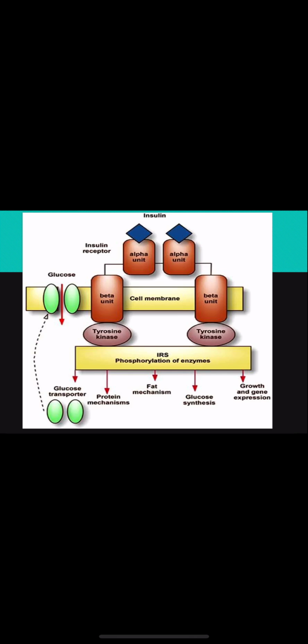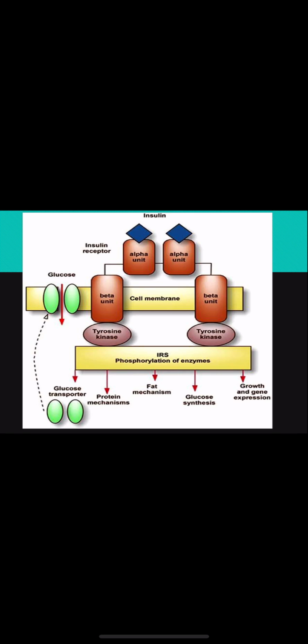One more, that is the kinase system, the tyrosine kinase system. This is a system which insulin uses. This insulin receptor has two units, alpha units, which are outside the cell membrane, and beta unit, which is a part of the membrane. This beta unit has tyrosine kinase activity. So when insulin comes and binds to the insulin receptor, this tyrosine kinase system gets activated.